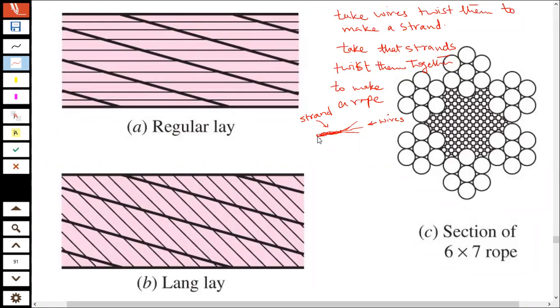Now we take more of these strands that we make from these wires and now twist these strands together in such a way that we have a rope.